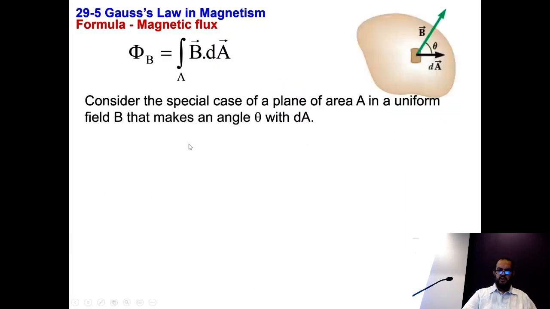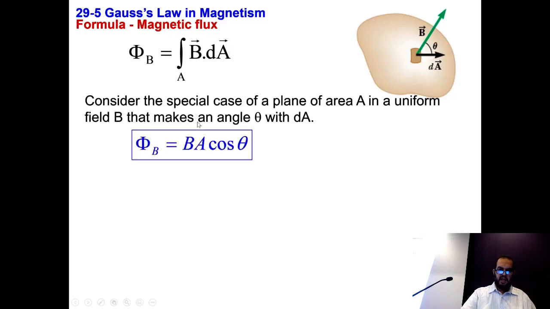Okay, so let's assume we know the angle theta between the magnetic field vector B and the area vector dA. Then the integral we can simplify. It becomes B times A times cosine of the angle theta. I really should write this d theta, so it's only that element.